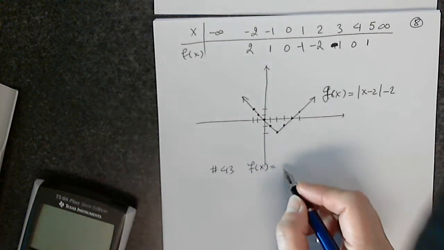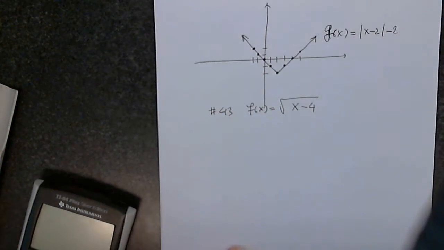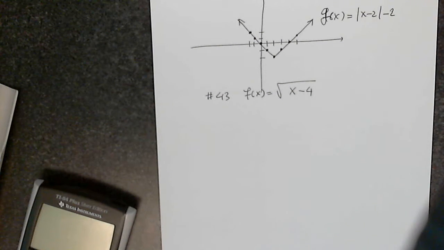F of x equals the square root of x minus 4. Now, this is not a friendly function. I have to find its domain, and I have to calculate it. How do I calculate the domain of this function?